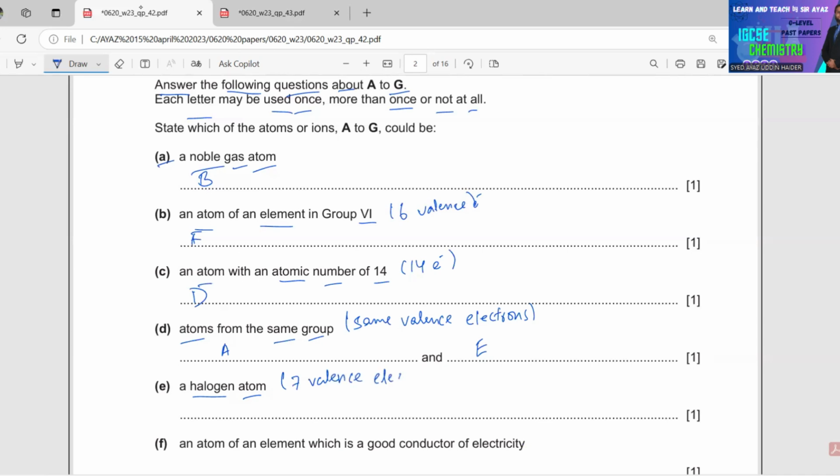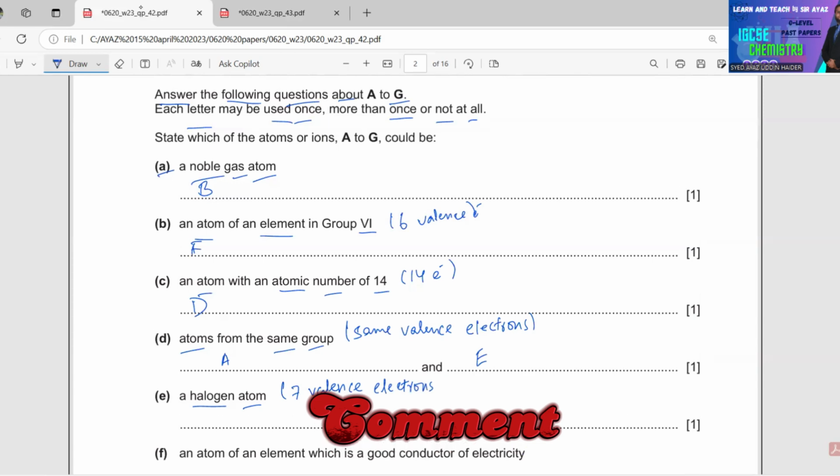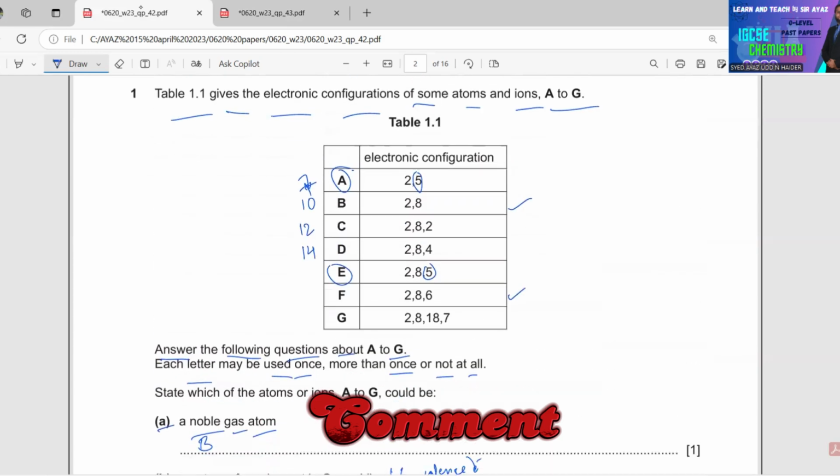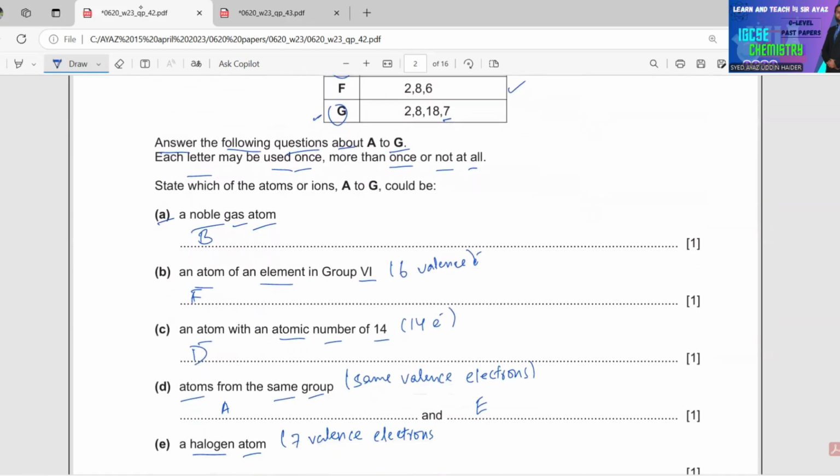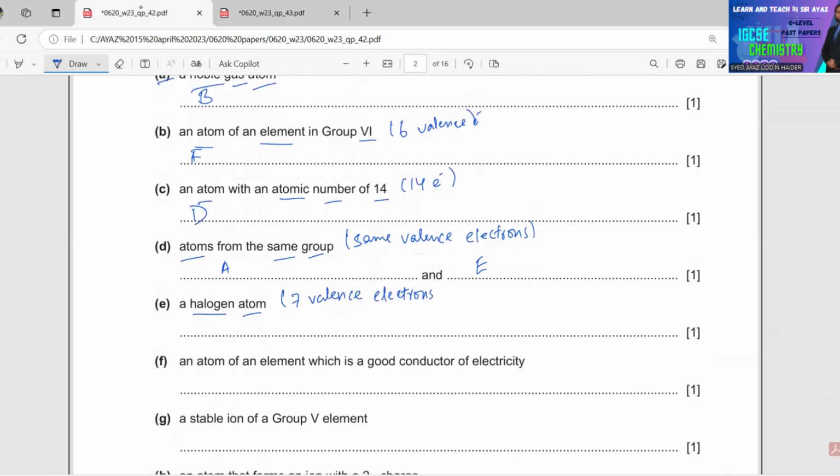So if you look at the atoms and ions, it must be G. For this one, it must be G, as this is the one which is having 7 valence electrons. So I will write G here.